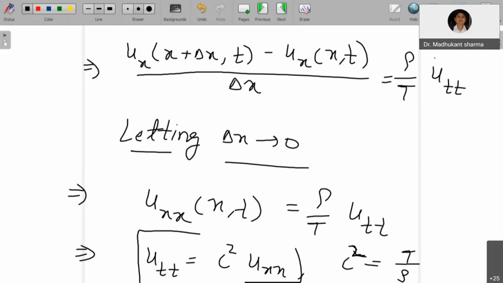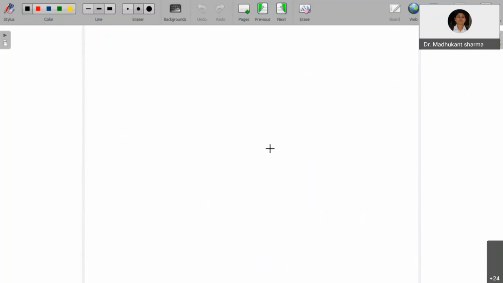So this vibrating string is modeled by the wave equation. The vibration of the string is nothing but the solution of this wave equation. Now with initial and boundary values, this becomes an initial boundary value problem.